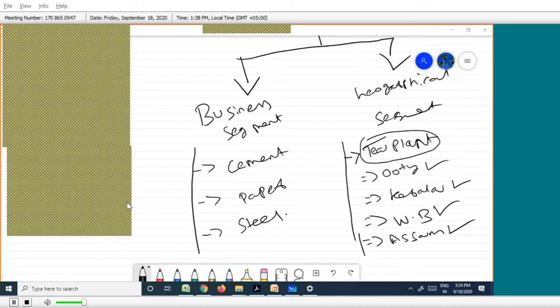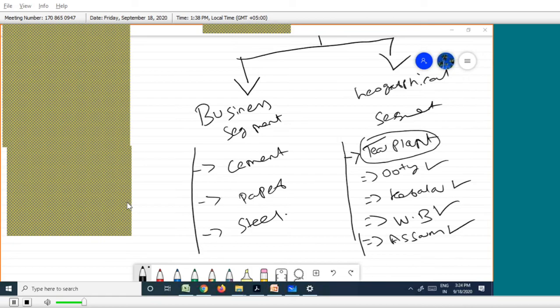Okay. So even a single product company operating in a different geographical location can be classified as a geographical segment. It can be classified under geographical segment and it can be reported under the reportable segment.